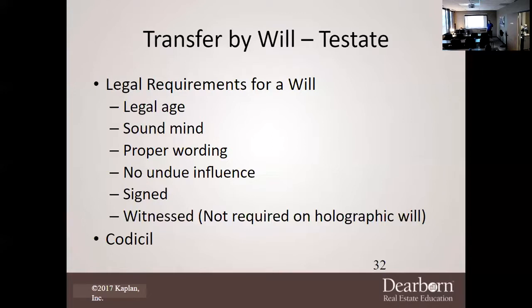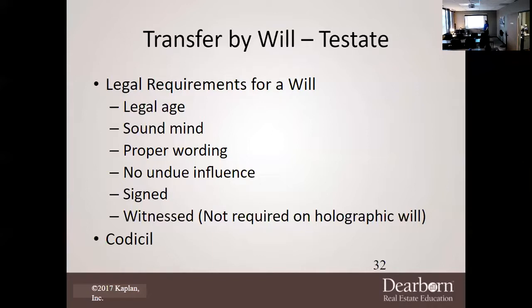If you are a poor guy, doesn't matter what race, you're just poor, are you going to hire an attorney to draft your will? No. You don't have the money to hire an attorney. So what's he going to do?